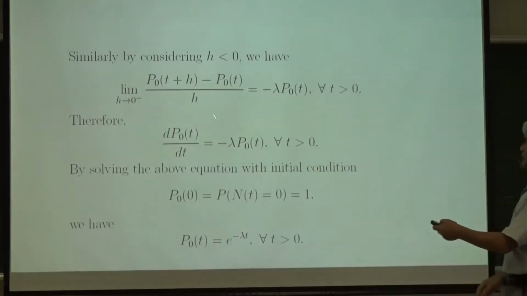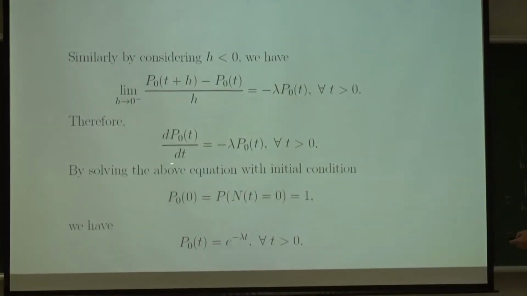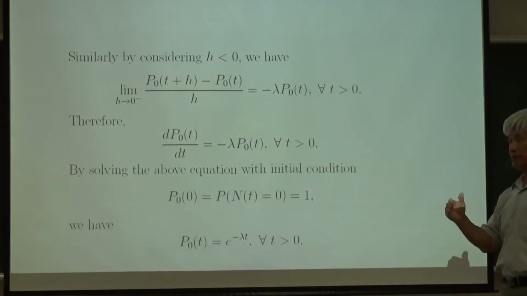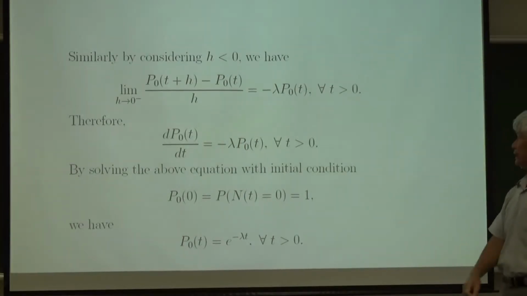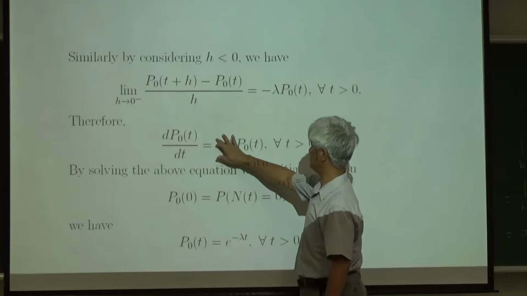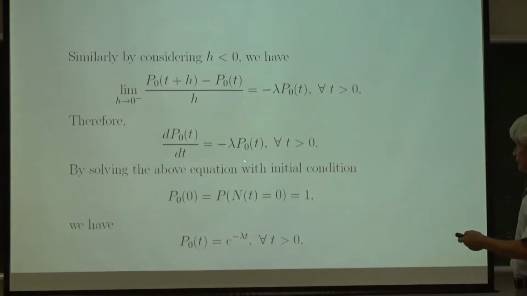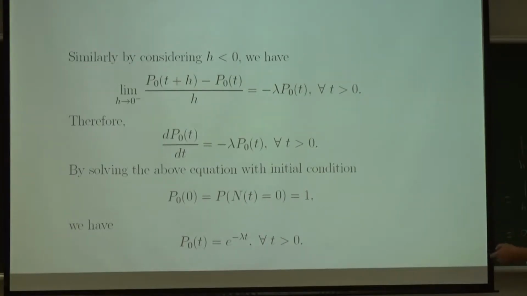So we know that P0(t) as a function of t has a derivative for all t greater than 0, because the left-hand side derivative and the right-hand side derivative are equal. And the derivative can be written here.